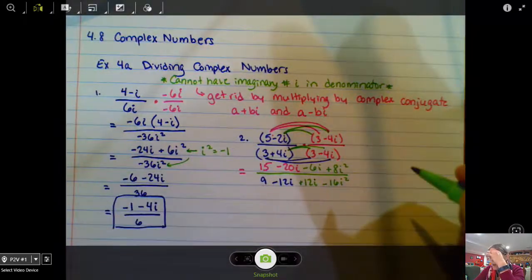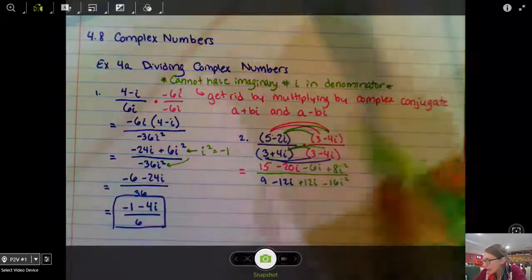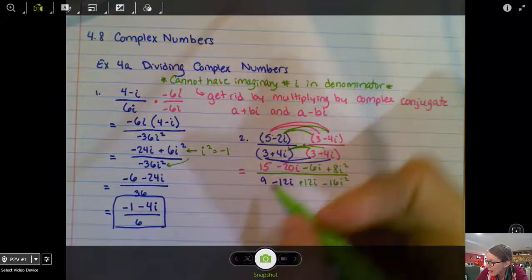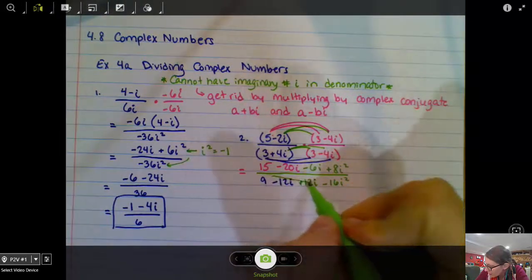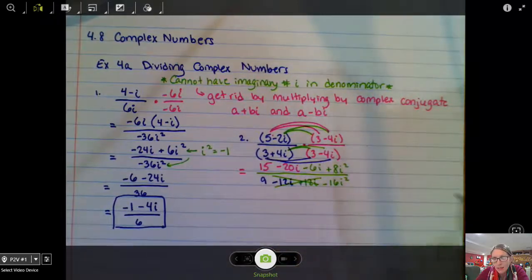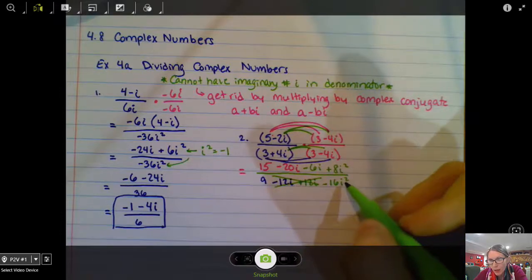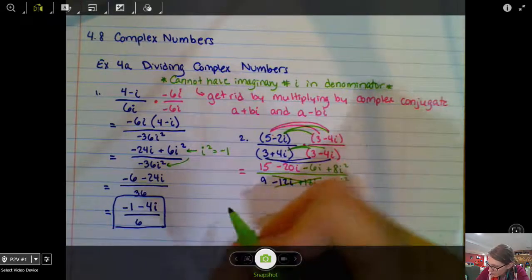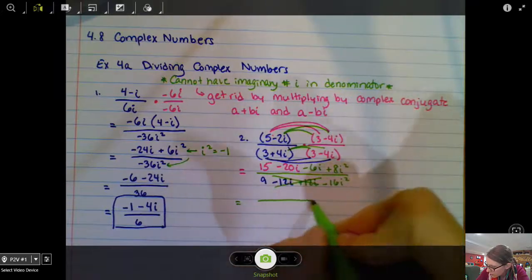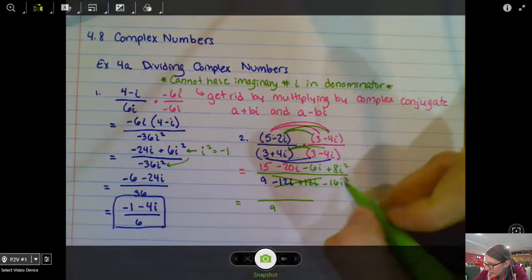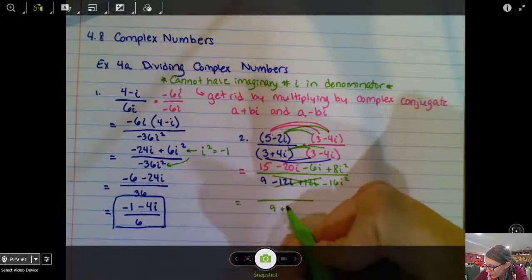And here's the nice part. When we multiply by the complex conjugate, look at what happened to the denominator. Negative 12i, positive 12i cancel out. Negative 16i squared, well again, i squared is negative 1, so negative 16i squared is really plus 16.